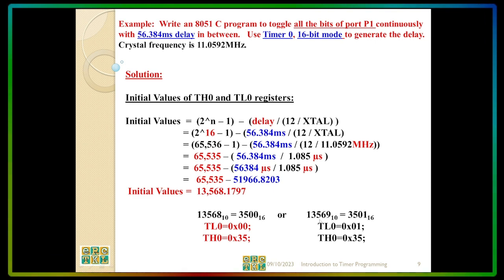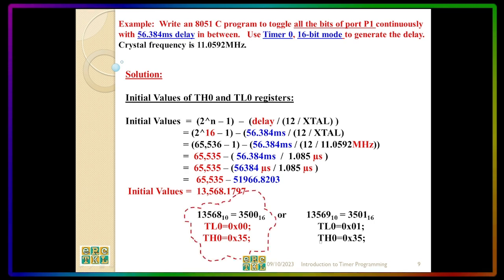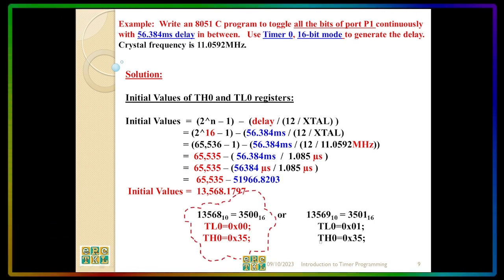If you prefer to use 13,569, which becomes 3501 in hexadecimal, then the 35 will still be the TH0 and the TL0 will become 01. So both of these are acceptable. In this example, let's use TL0 as 0x00, and TH0 equal to 0x35.